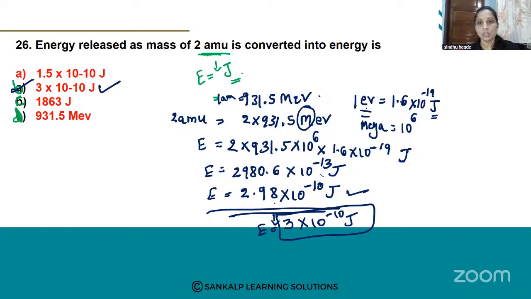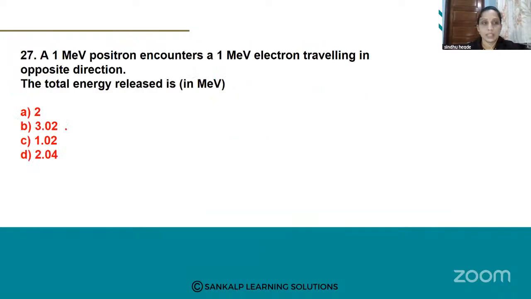So what to do? Mega is nothing but 10 raised to 6 and 1 electron volt is 1.6 into 10 raised to minus 19 joules. So substitute all those things here and finally the answer is in joules. Last ಅಲ್ಲಿ ಏನ್ ಬರುತ್ತೆ ಆನ್ಸರ್? Joules ಅಲ್ಲಿ ಬರುತ್ತೆ. Got cleared? ಅರ್ಥ ಆಯ್ತು ಅಲ್ವಾ? Okay, we'll move to the next one.